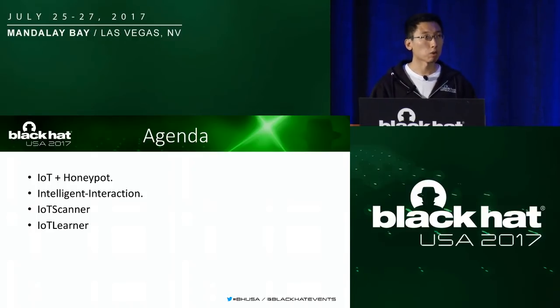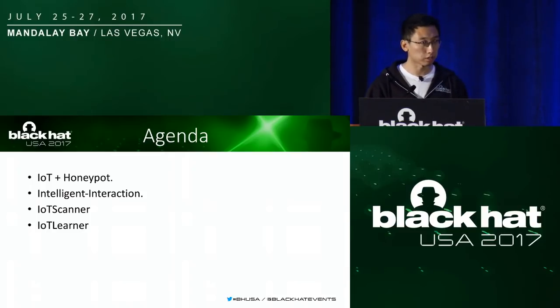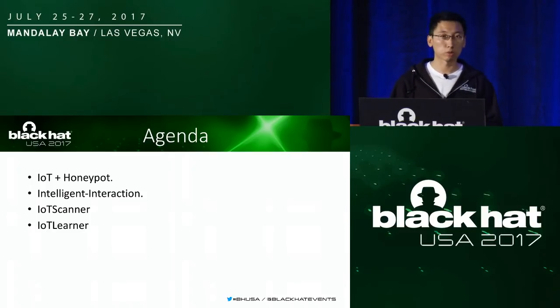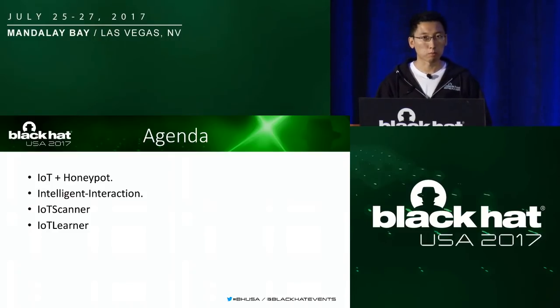In our system, there are two critical components, the IoT scanner and the IoT learner, which automatically collect behaviors from the internet and then use machine learning techniques to train our honeypot to use the best way to interact with attackers.